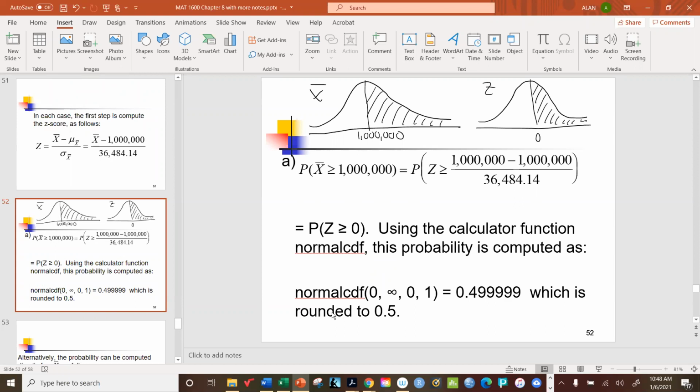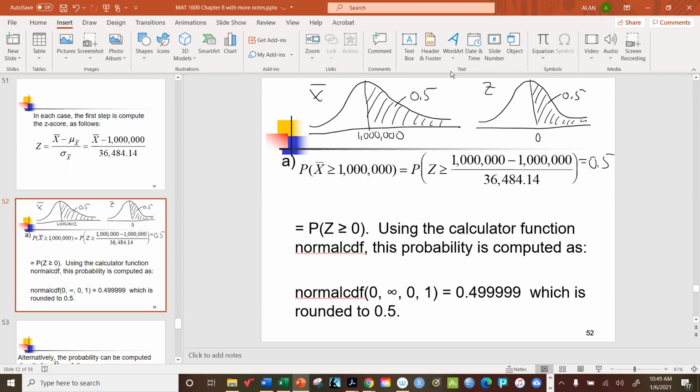Now, you recall from the properties of the normal distribution that the area above the mean and the area below the mean are both equal to a half. So in principle, you don't have to even do any more calculations because you already know that this probability is 0.5. But let's just do it anyway.